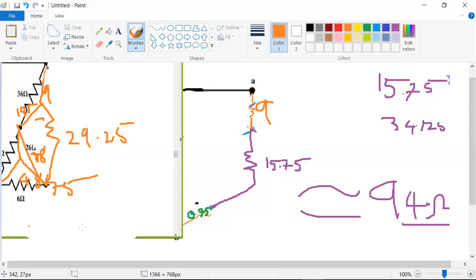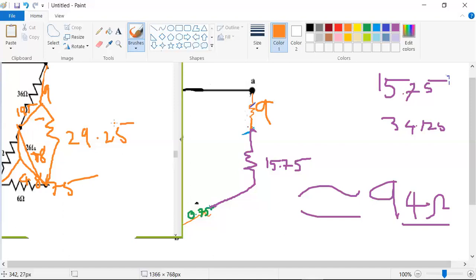Now you need to add this because this connection is completely series, right? For this arrangement, there is no point here. It will be common for this series. Hence 4.875 plus 29.25.